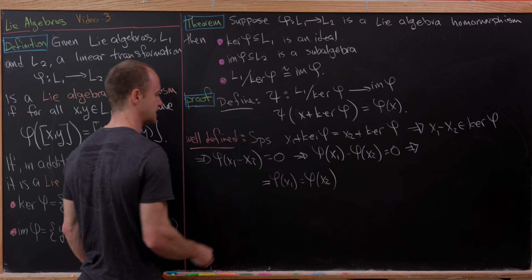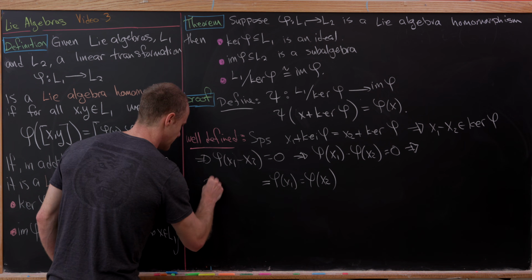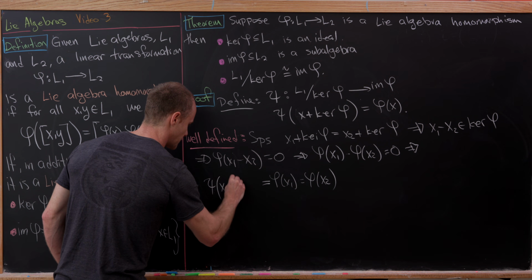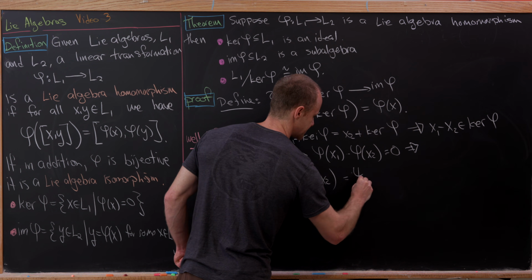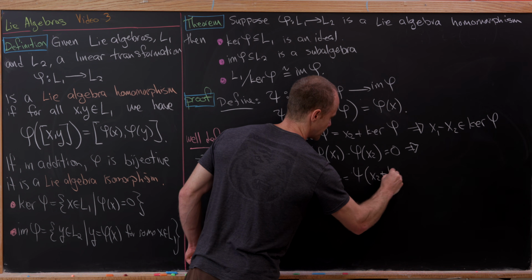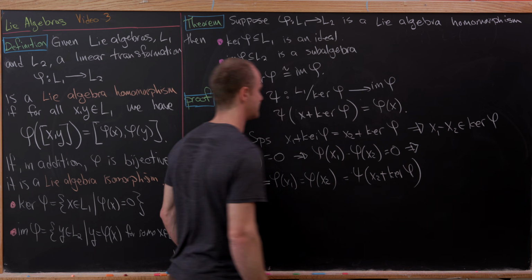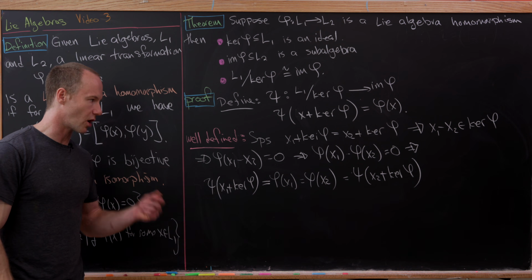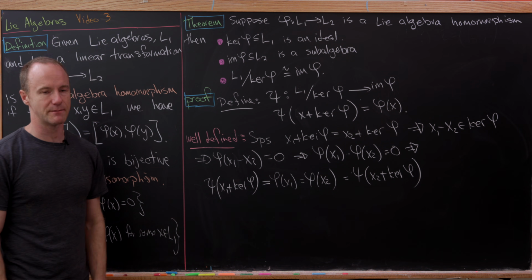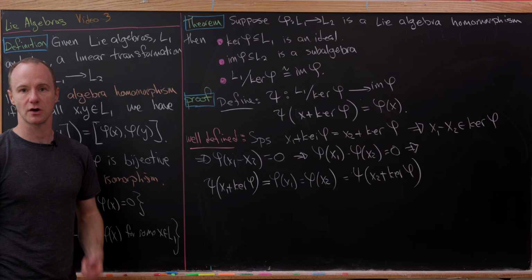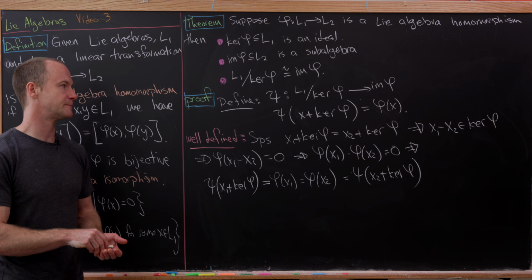But then let's pull this one off to the left and notice that that's psi of x1 plus kernel of phi, and off to the right, this is psi of x2 plus kernel of phi. So we've shown that regardless of the name you choose, the coset gets mapped to the same place. Okay, so it's well defined.